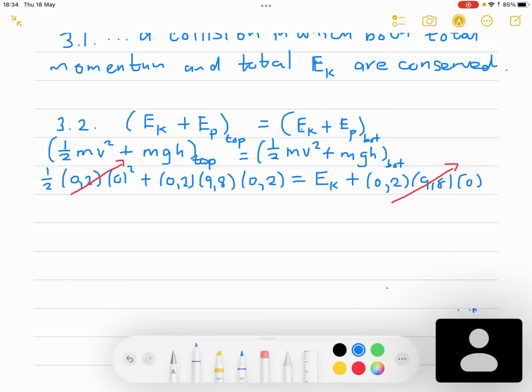So if we look here, we've just got EK is equal to 0.2 times 9.8 times 0.2. So that just tells us that the kinetic energy is equal to 0.39 joules. Okay.